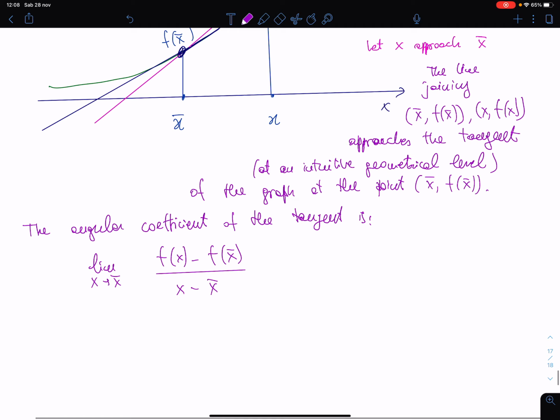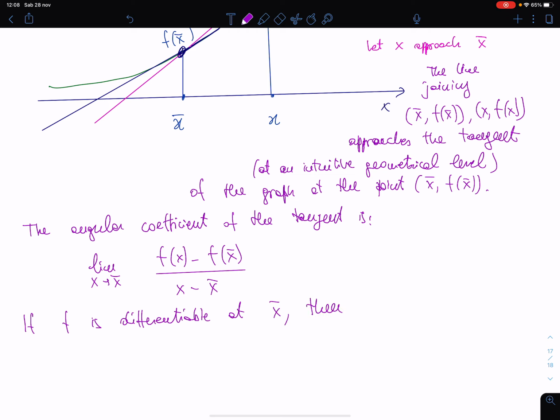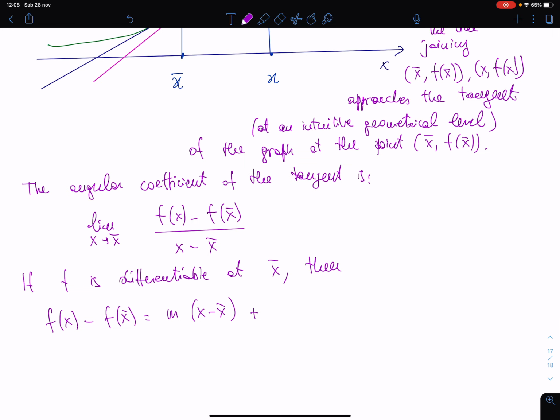Now, if f is differentiable at x bar, then you have that f of x minus f of x bar is equal to m times x minus x bar plus little o of x minus x bar when x goes to x bar.